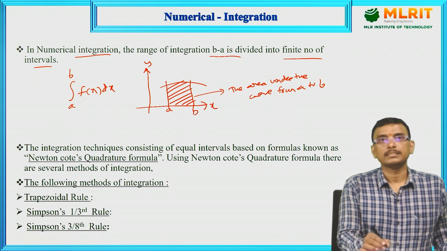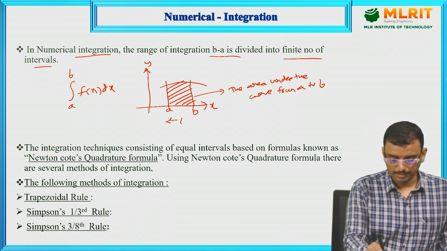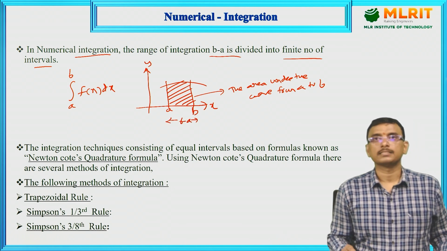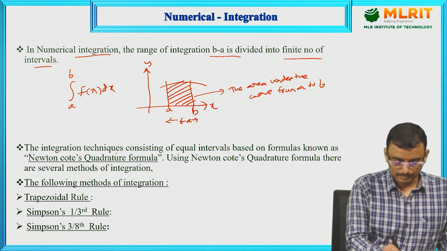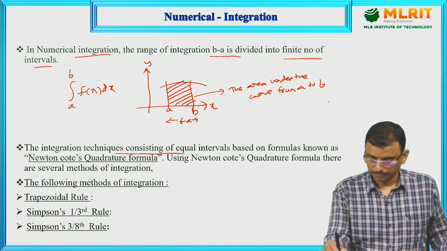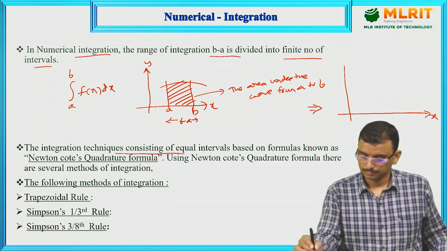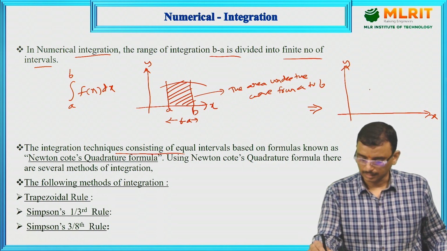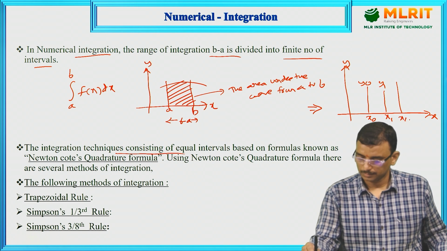The range of this integration is b minus a, and it can be divided into equal intervals. The integration technique consists of equal intervals. This is x0, I am taking x1 and the corresponding y0, y1, and x2, y2, x3, y3.